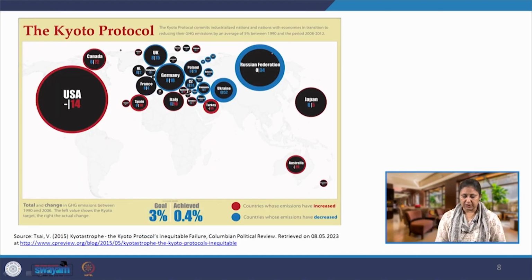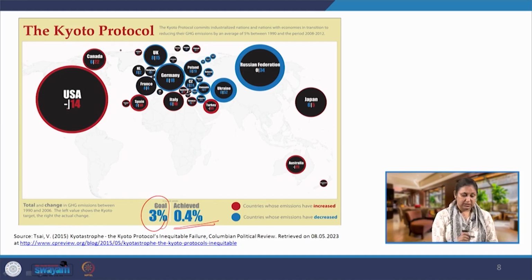Now, if we look at the Kyoto Protocol, we will see that depending upon the size of the economy and also the status of development, the countries had been provided with binding targets for reducing their emissions, which is what we have seen here, that out of the total goal which was set to 3%, it was divided between all the countries, only 0.4% of the goal has been achieved.